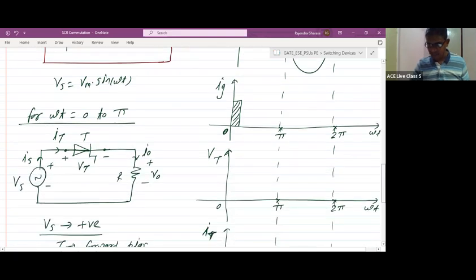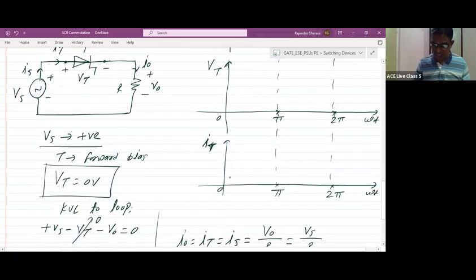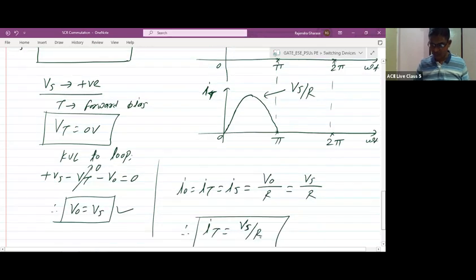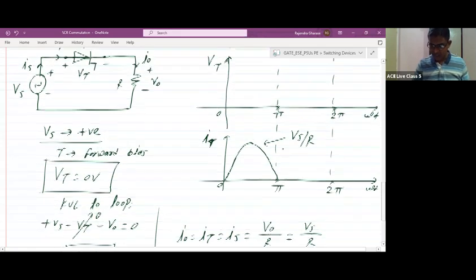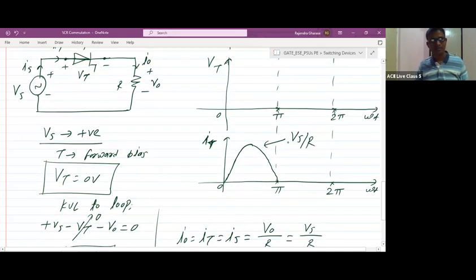Now let me write. So let us draw the IT waveform. The waveform of IT will be like this. The nature will be similar to that of the supply voltage, but the magnitude will be different, right? Because this is like your Vs upon R. We have written IT is equal to Vs by R. So when Vs is at peak value, definitely IT will be at peak value.